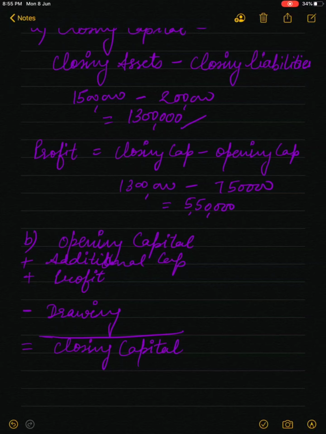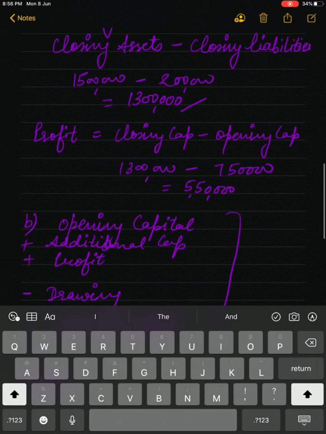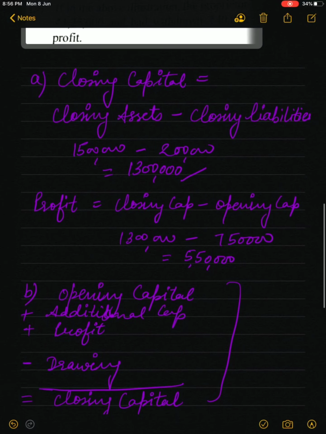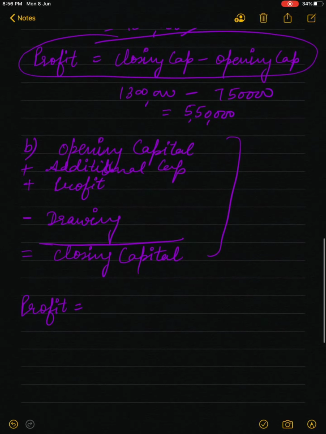In this question this is the original formula. In your book the formula is given for profit. You can use this formula when additional capital and drawing are given in the question. Otherwise we calculate the profit by the earlier formula, because drawing and additional capital are not given. In this question drawing and additional capital are given. Now you have to apply this formula.